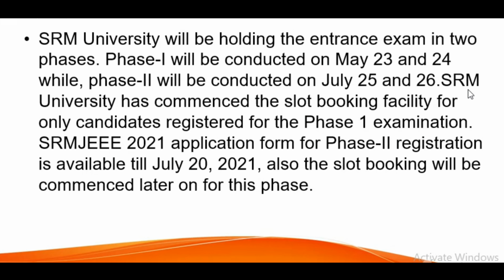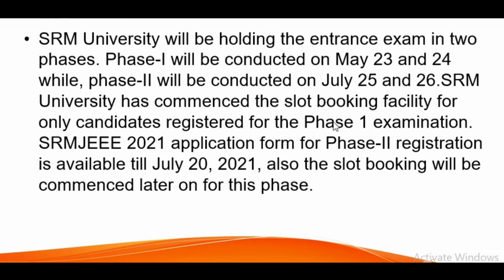So people, please don't panic thinking why phase 2 examination slots have not been opened, because it will take some more time. This exam is on July 25th and 26th, right? So around July 20 or 23rd, the examination slots will be starting for you.